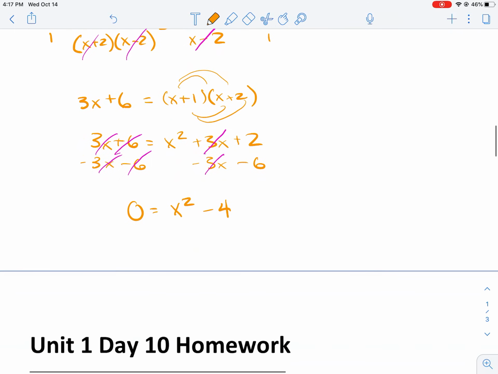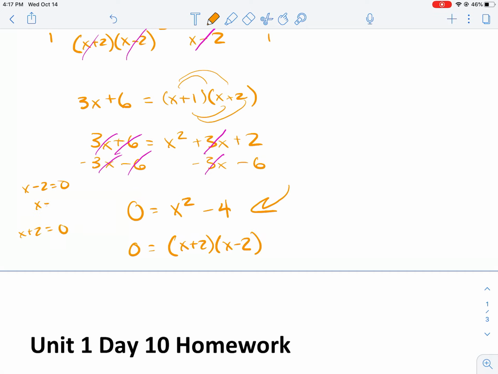Now, we should recognize this by now. This is a difference of squares problem. So if we were trying to factor this, it would be x plus 2, x minus 2. Set both of those things equal to 0, and we get x is equal to a positive 2, x is equal to a negative 2.